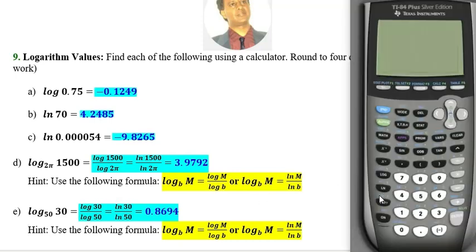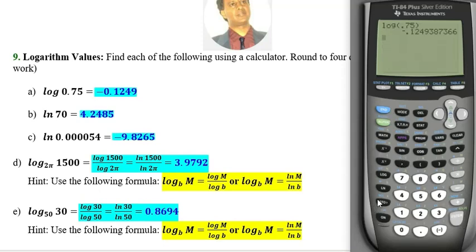And here is using the calculator. So the first one is log of 0.75, that is equal to negative 0.1249.